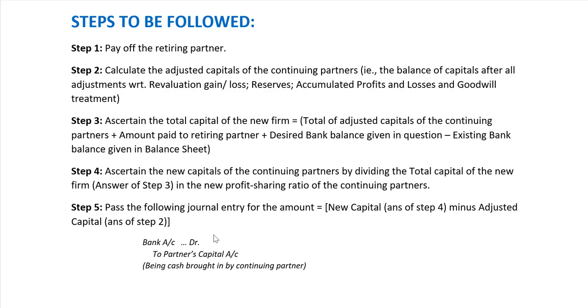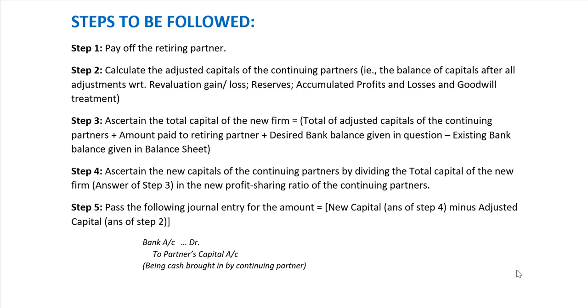Bank account debit to partner's capital account, being cash brought in by the continuing partners. So these are the 5 steps to be followed in this fifth and final method of adjustment of capital.